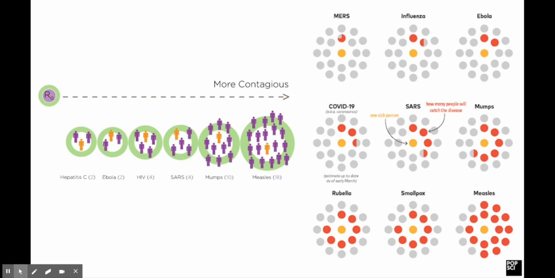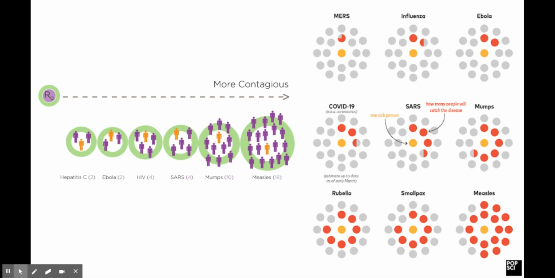And diseases have different R naughts because some diseases are more contagious than others. So, hepatitis C, Ebola, HIV are on the lower end, and they have R naughts of 2 to 4. A big reason for that is because they require close contact, so contact with blood or through sexual transmission.